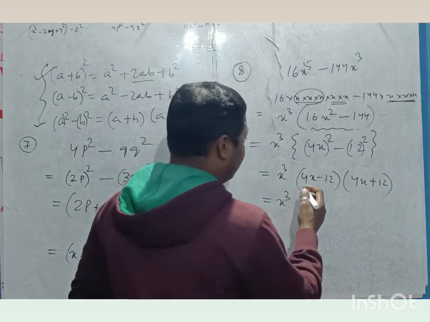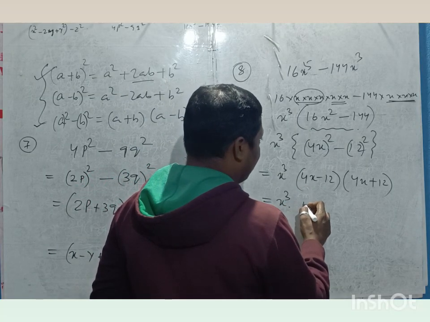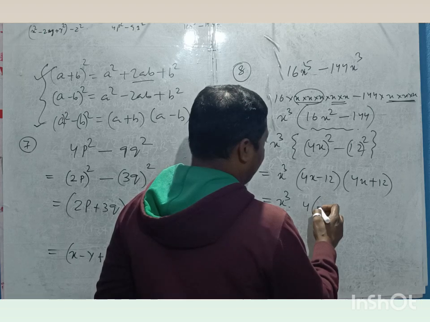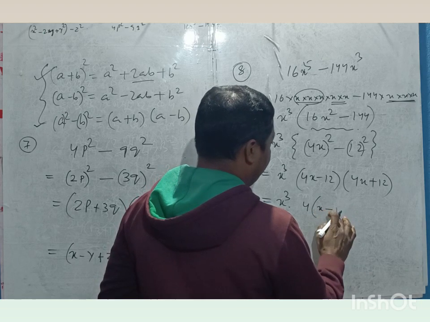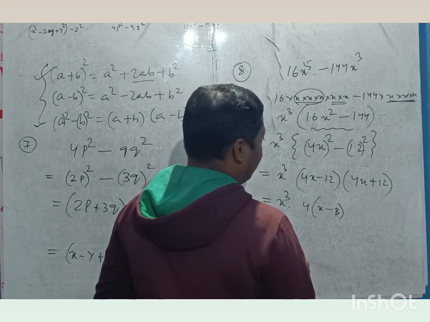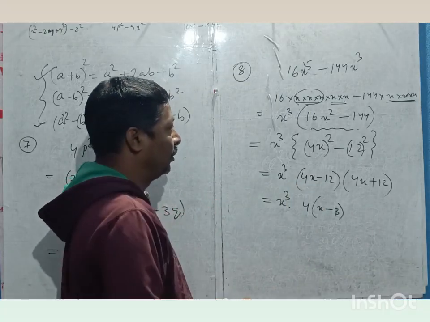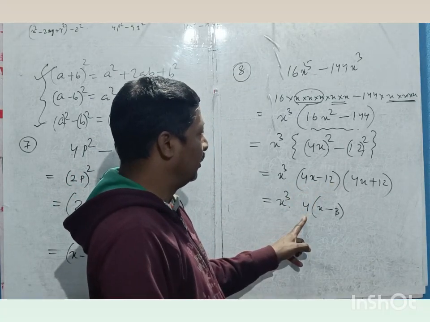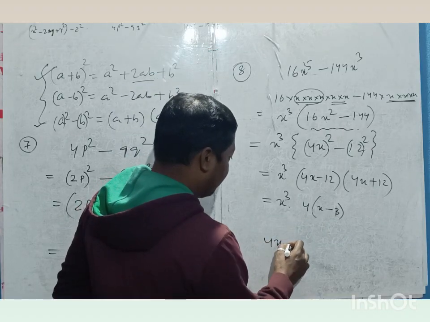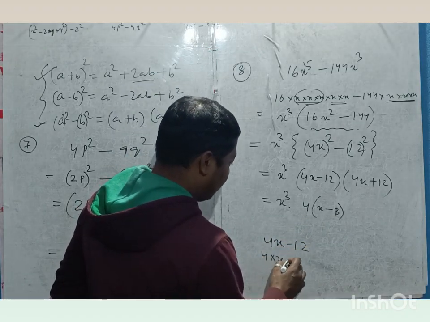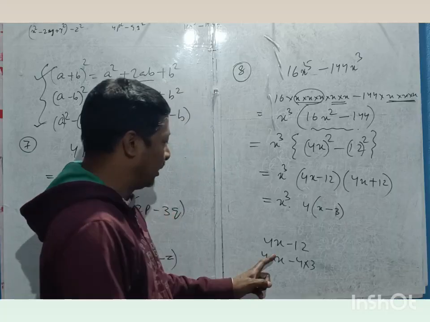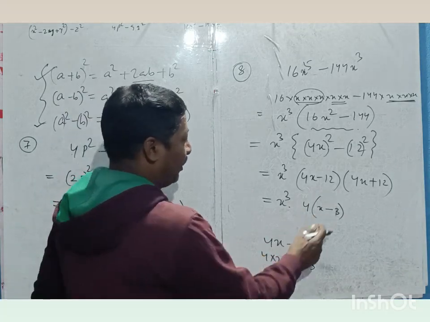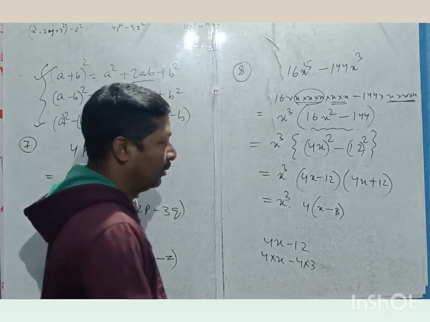So I am writing here that 4 can be taken: 4 into x minus 3. Yes, 4 into x, and here 4 into 3. So if I take 4 common, here it will be x, and here it will be 3. So I am writing x minus 3.